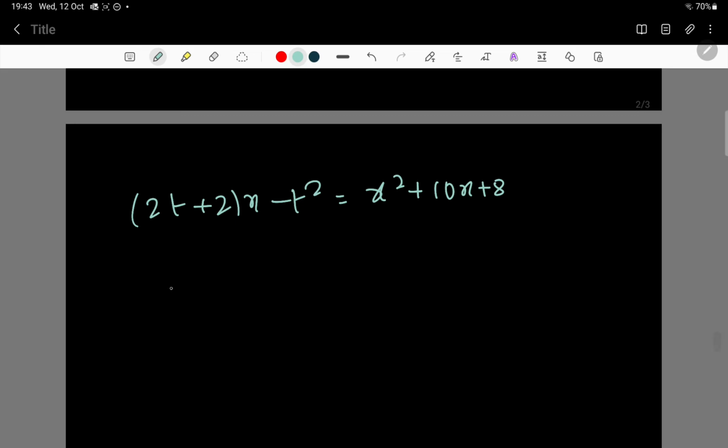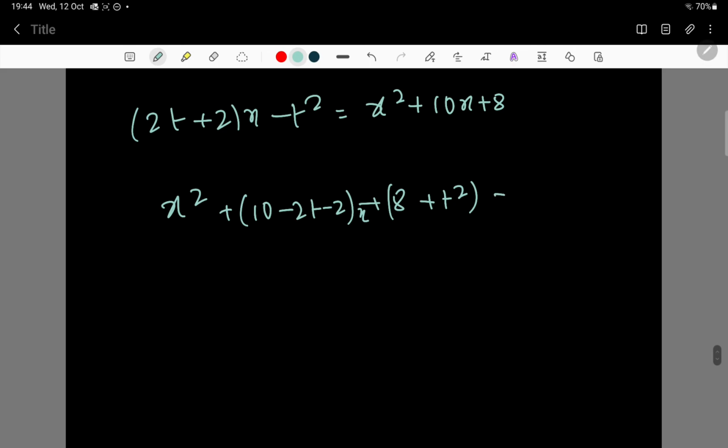So from here we get x square plus 8 plus t square, and here 10 minus 2t minus 2x. This is it, right? And since the line L touches the graph f1, obviously the discriminant would be 0.